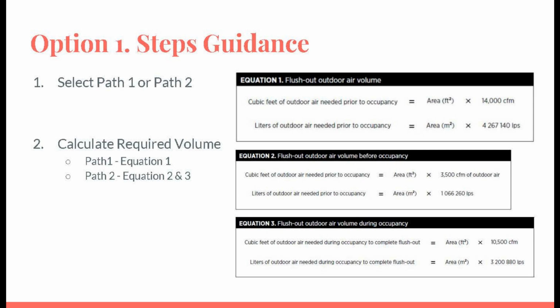For the equation 2, use the area times 3,500 cubic feet per minute of outdoor air. You will get cubic feet of outdoor air needed prior to occupancy. For equation 3, use area times 10,500 cubic feet per minute. Then you will get cubic feet of outdoor air needed during occupancy to complete flush out. The calculation for metric unit are also included in these equations. Please feel free to pause video to look at them.